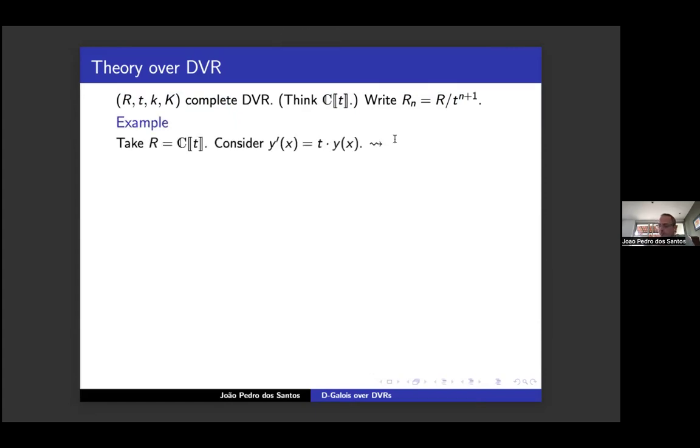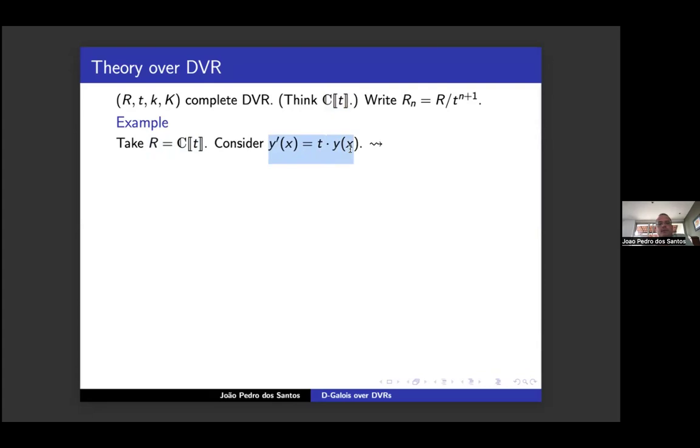And before going on, I want to present a very simple example, which is the differential equation of the exponential. But now you make t depend on the ring. So t is a constant, and you have here the very simple differential equation.